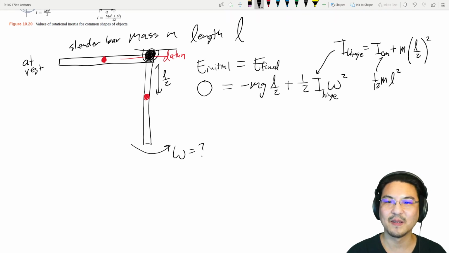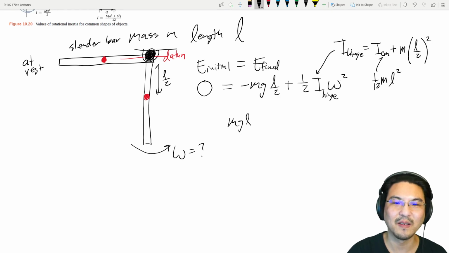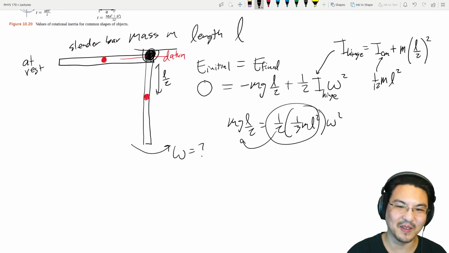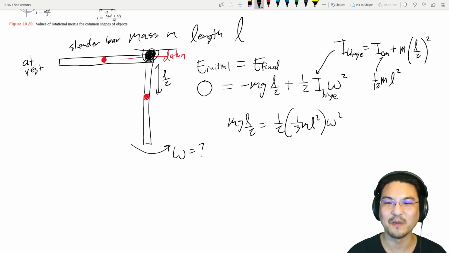So then there's only the one unknown to solve here. So let's put everything together. I'll move this on the other side of the equation. 1/2, and then I was 1/3 ml squared, omega squared. So move all this in the denominator over here, and then we have omega.